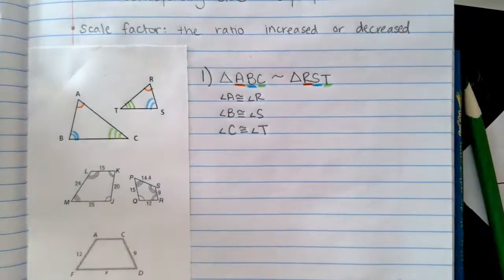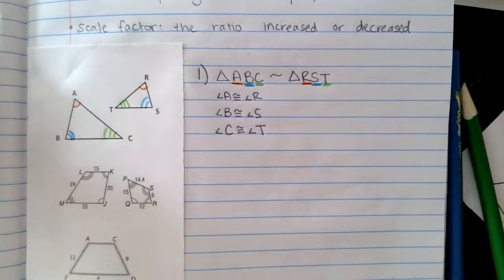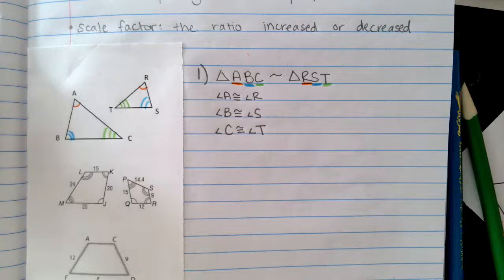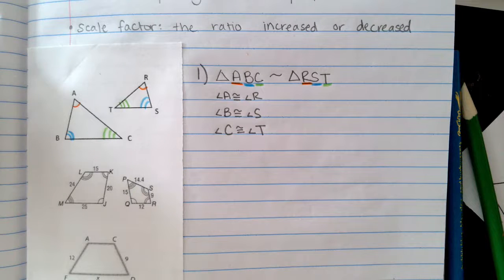So as I look at our sides, if I look at AB, is that length the same size as RS? Is this side exactly the same as that side? Are they the same length? No. But we're going to take each of those sides here and we're going to make them into ratios because a proportion means equal ratios.